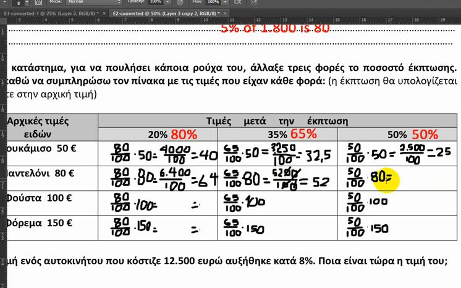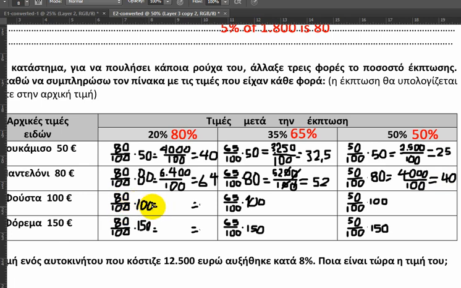Next up, 50 times 80. So that's 40 with 2 zeros. 4,000 over 100. So 40. Then 80 by 100 over 100.